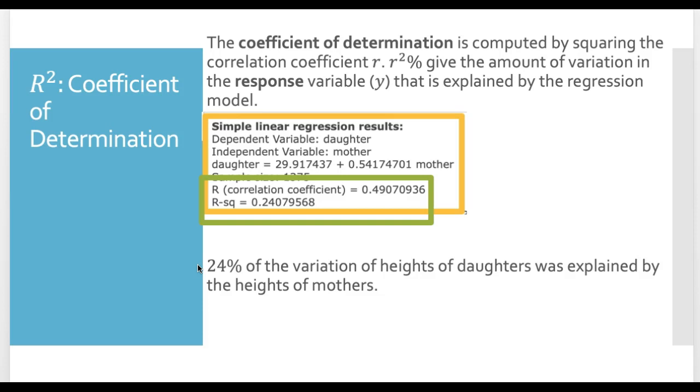Correlation does not imply causation. Don't use linear on a nonlinear model. And of course, we got into this very last thing, which is a goodness of fit measure, the coefficient of determination.